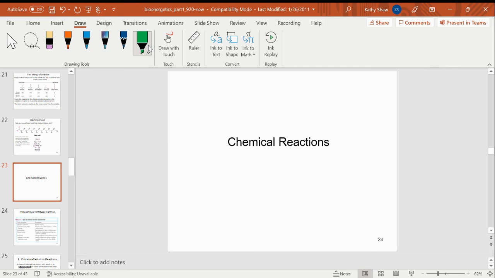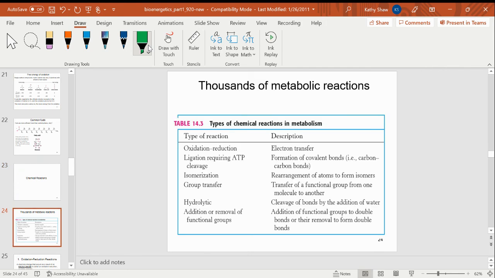Okay, there are 6 different chemical reactions we're going to do in the whole course between now and the end of second quarter. So we're going to go over those now, and a lot of reactions will fall into more than one category. But this is the talk-you-off-the-ledge conversation that I'll send you back to a few times.